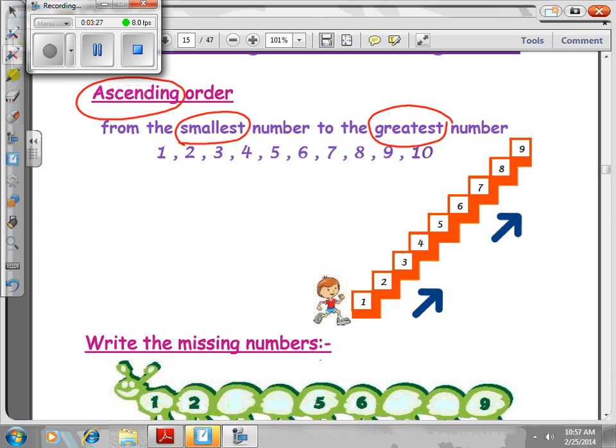It's like this boy who is climbing up the stairs. He starts from the first step, which is the smallest, and he goes one step and then the other until he reaches the last stair, which is the biggest. So I put the numbers from the smallest to the biggest.